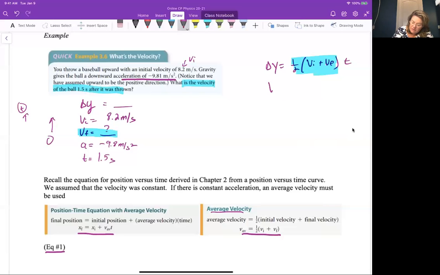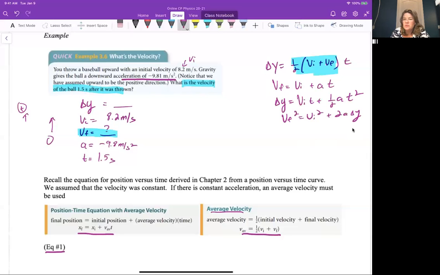The next one is V final is equal to V initial plus the acceleration times time. The next one is the change in y is equal to V initial times time plus 1/2 a t squared. The next one is V final squared equals V initial squared plus 2a delta y. So there are my 4 equations.